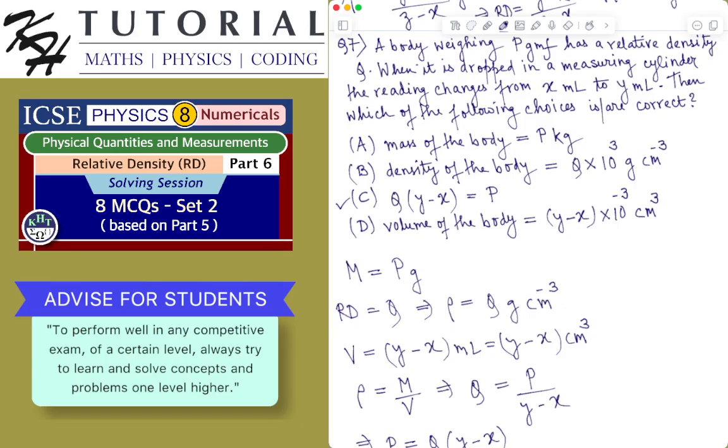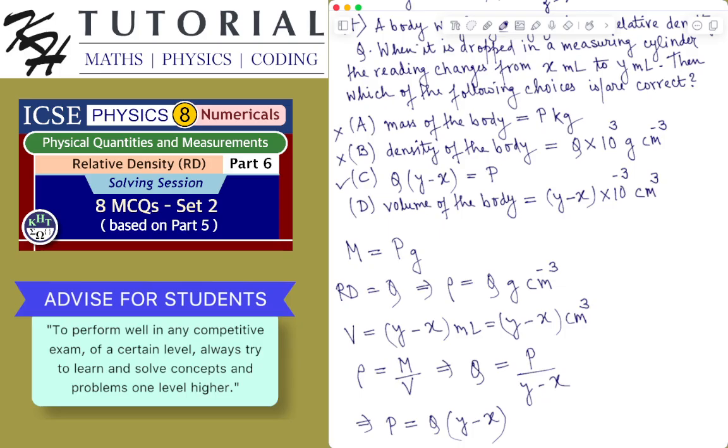The small g stands for gram. So this is incorrect. Choice B says density of the body is Q into 10 to the power 3 gram per centimeter cube. No, the density of the body will be Q gram per centimeter cube. So this is incorrect. Let's see choice D. The volume of the body is y minus x multiplied by 10 to the power minus 3 centimeter cube. No, the volume will be y minus x centimeter cube. So this is incorrect. So only choice C is correct.